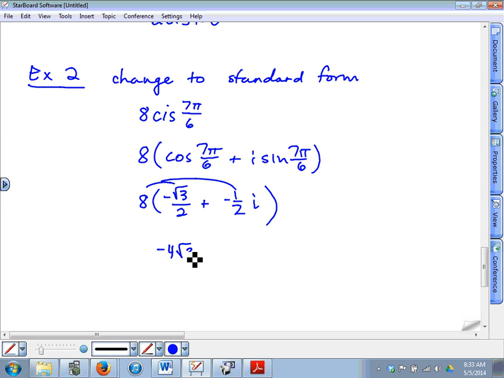So we're going to have negative 4 square root of 3 minus what? Negative 4 root 3 minus 4i. That would be the complex number in standard form.